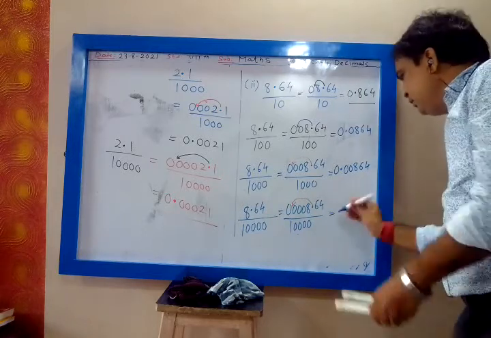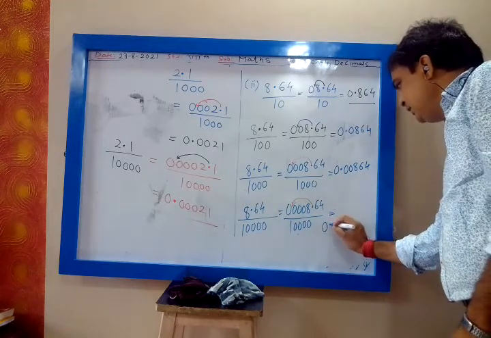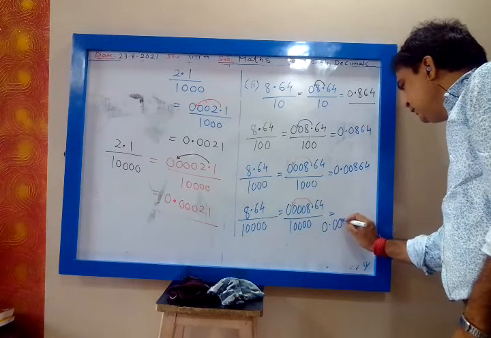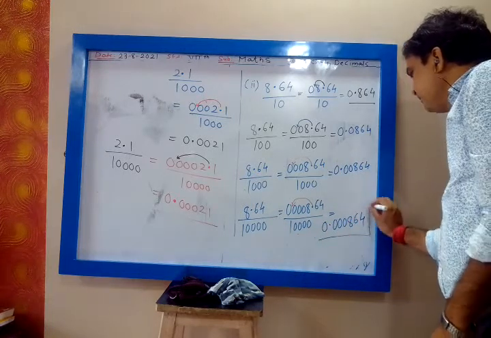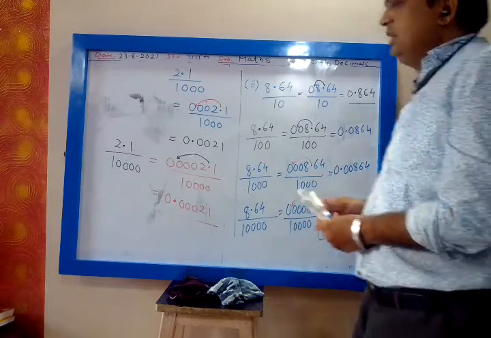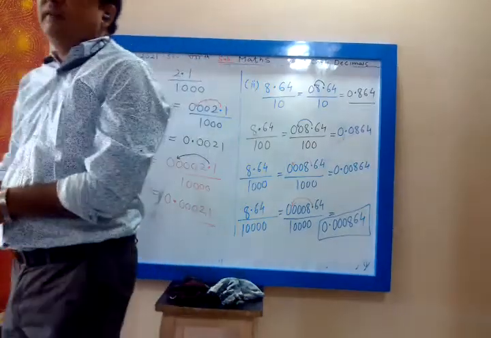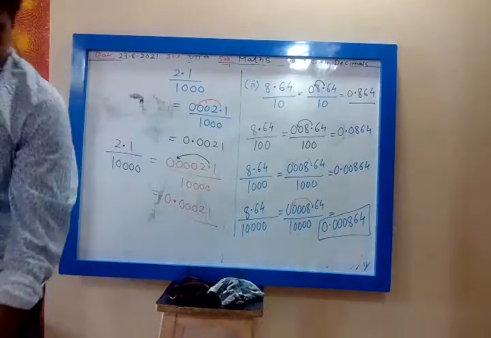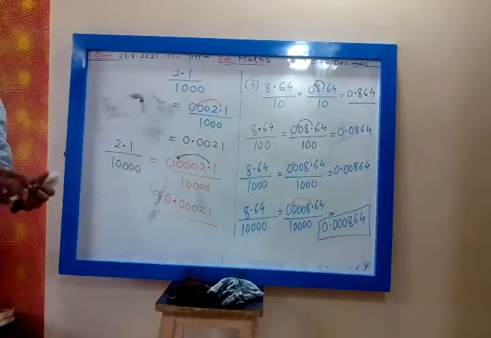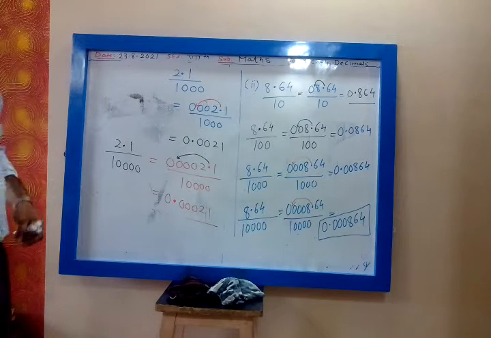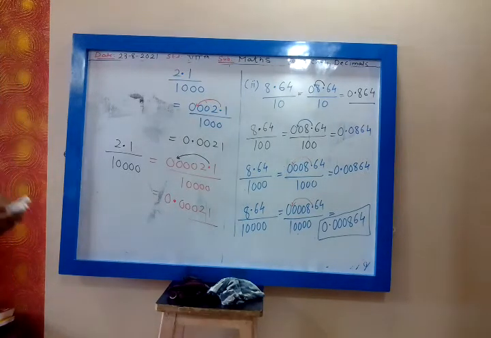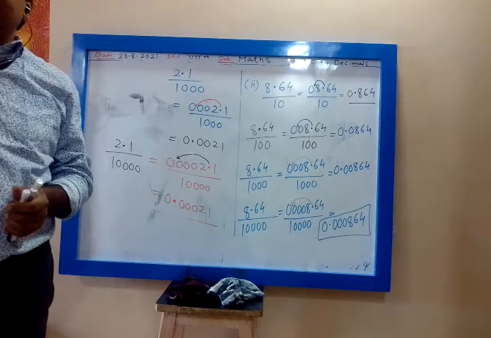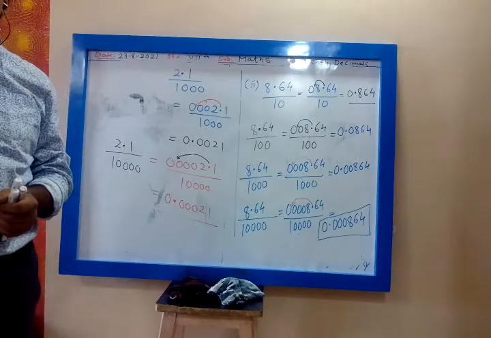So that will be 0.0000864. Yes or no? I think this method is more convenient, shifting of decimal. Yes, all of you understood this method. Shifting of decimal you should do whenever it is divided by 10, 100, 1000.